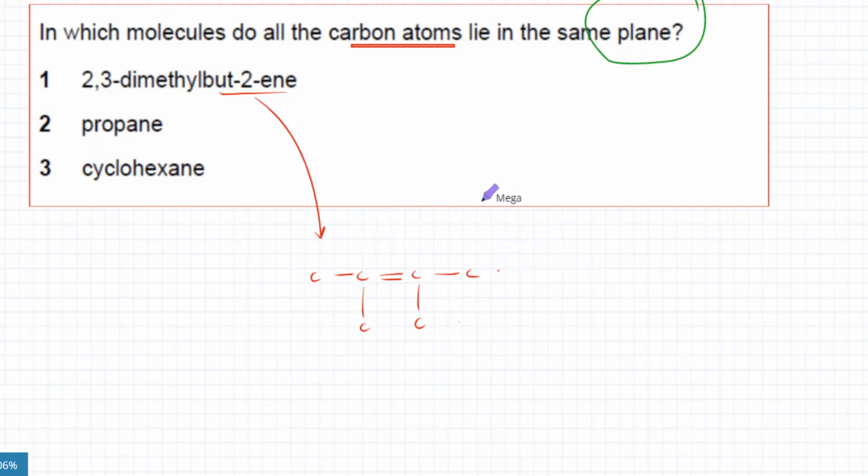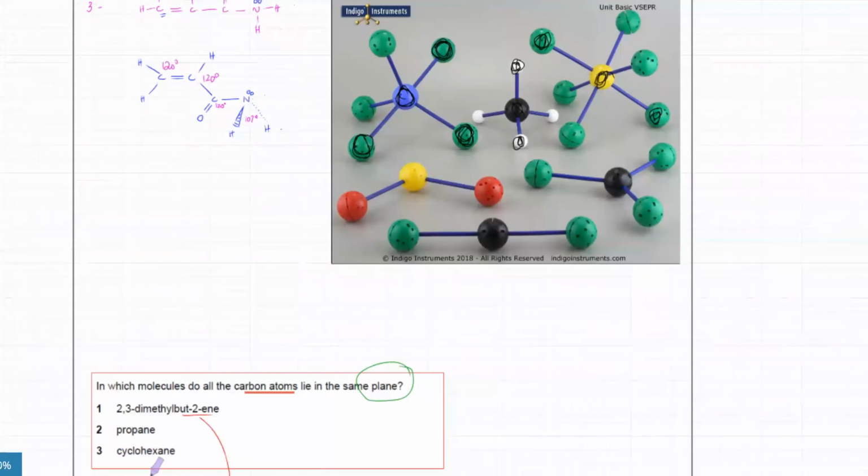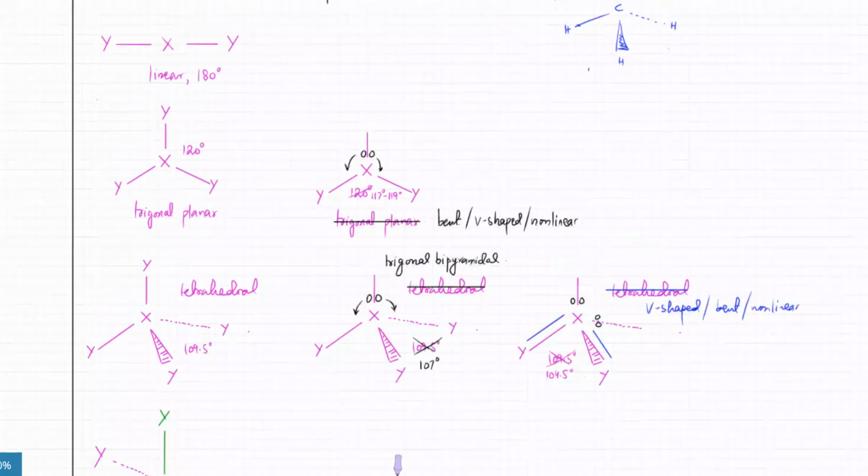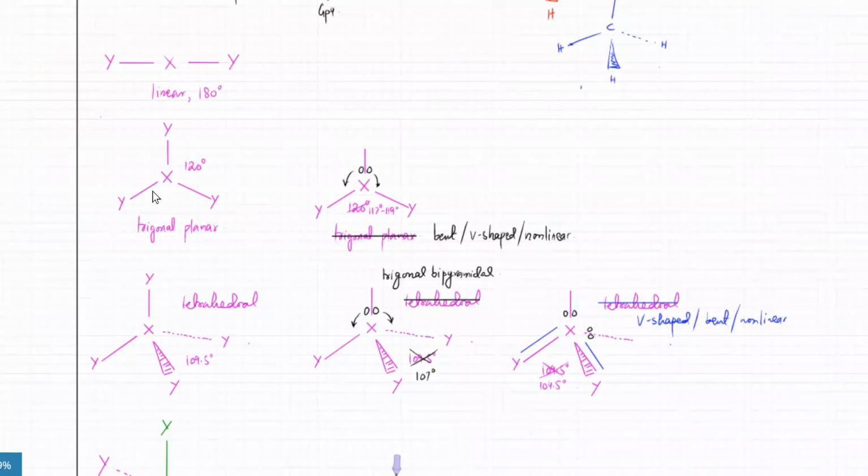That's the question. So around this carbon atom, you've got 3 pairs of bonds. You've got a bond over here, a bond over here, and a bond over here. So that's 3 pairs of bonds. When we talk about shapes, when you have 3 pairs of bonds, the shape is going to be fan shaped. It's going to be planar.